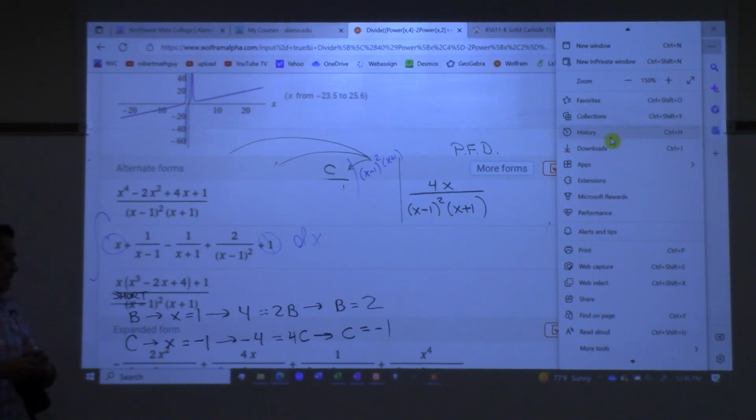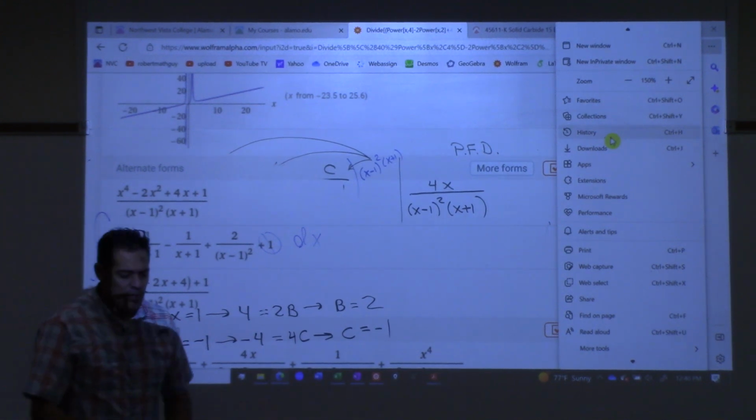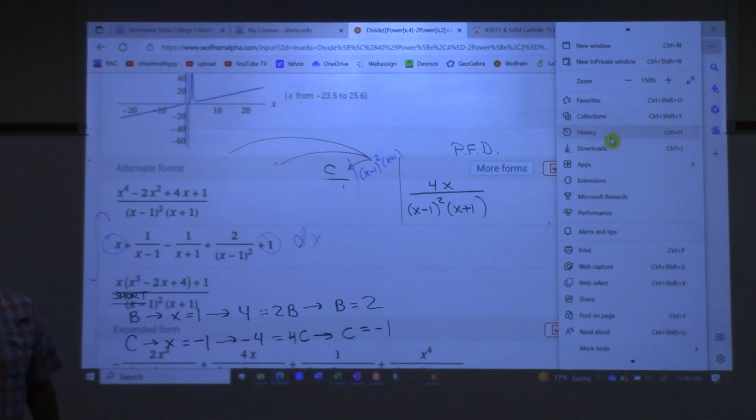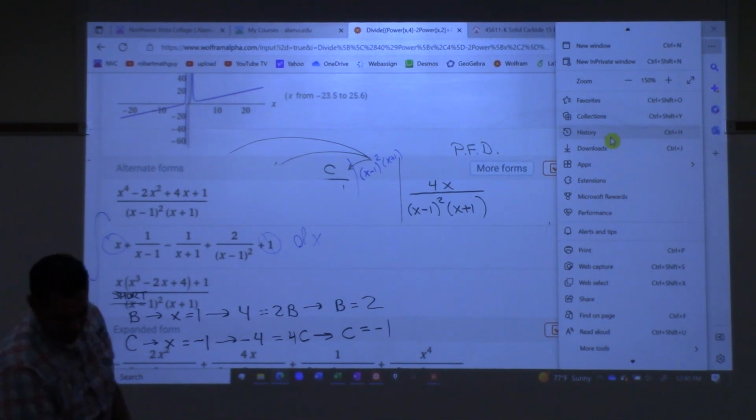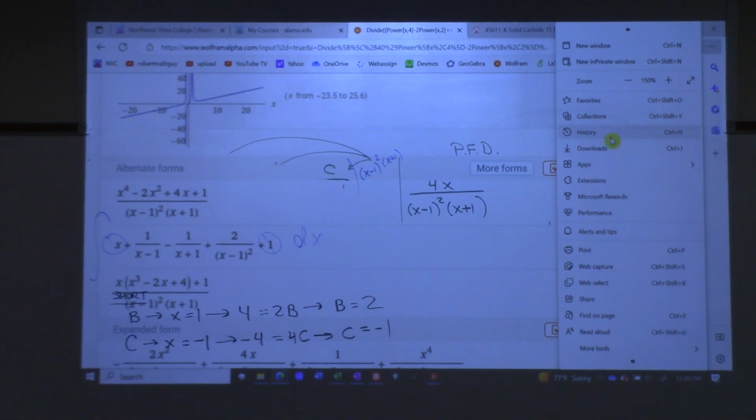All right, so what are you going to do for homework? For homework, you're going to attempt what you can out of this section. We have not done any of the quadratics that are irreducible yet on the bottom. I don't have my book with me, let me see the assignment.